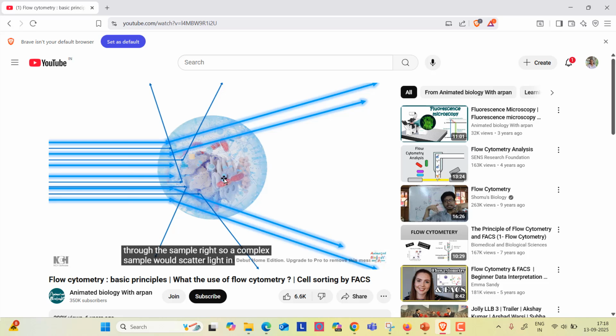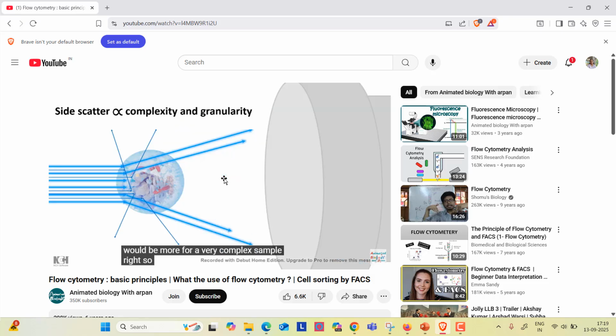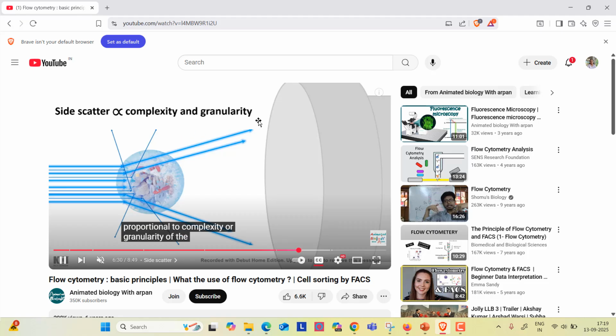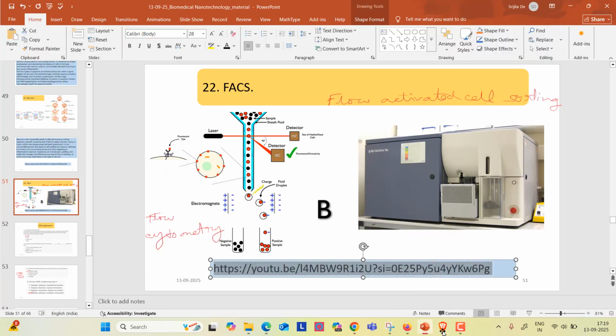So a complex sample would scatter light in more different directions, so the side scatter would be more for a very complex sample. Right? Side scatter depends on the complexity and granularity. You can see it later. I think you have understood the basic concept.